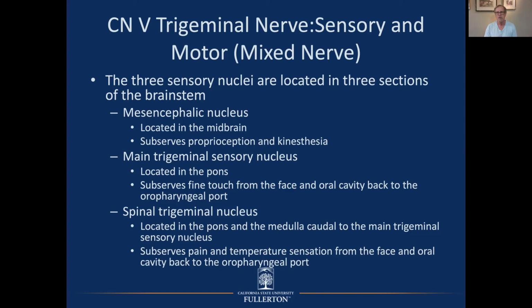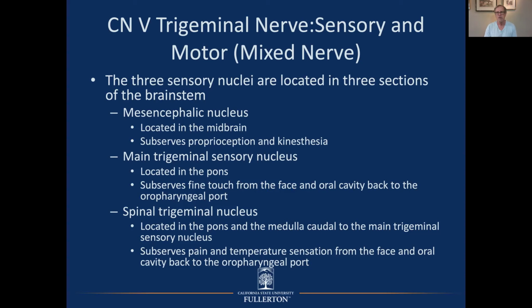Now let's look at those nuclei that we just went through. Here, let me just point out the 5th cranial nerve, and here are its 3 branches, which you know about: ophthalmic, maxillary, mandibular. Here's the main thing: it's a big nerve. And it comes into the side of the pons. That's what they're trying to illustrate here with these dotted lines.